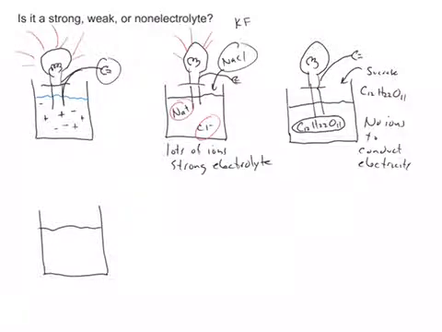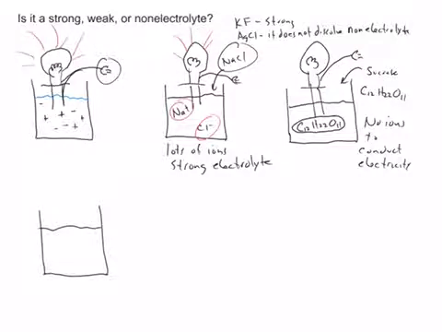It's a salt, so that's going to be strong. What about something like silver chloride, though? If you check the solubility rules, it does not dissolve. It's insoluble. So this is going to be a non-electrolyte. It's not even going to dissolve at all.